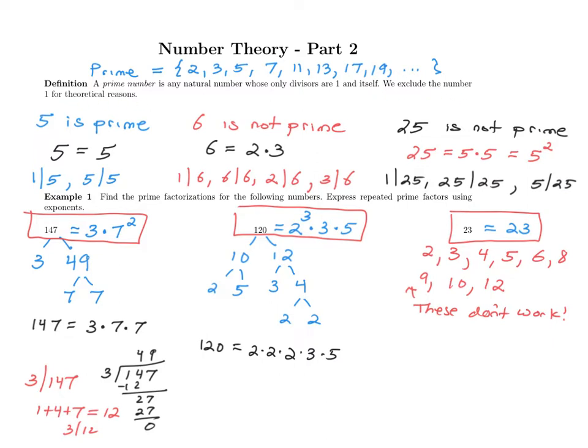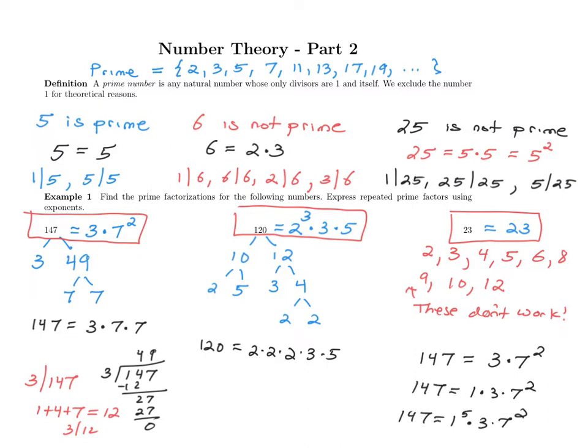And this takes me to the reason why 1 is excluded as a prime number for theoretical reasons. Let's say you allowed 1 to be a prime number. So let's look at 147. We said this is equal to 3 times 7 squared, and you're only allowed to use prime numbers here. Well, if you allowed 1 as a prime number, you could also write that 147 is equal to 1 times 3 times 7 squared. Or you could say 147 is equal to 1 to the 5th times 3 times 7 squared.